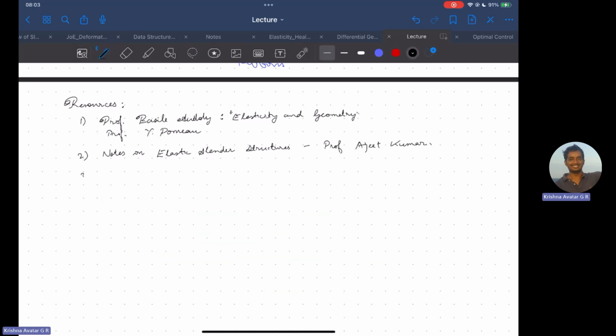One such resource is Mechanics of Strings and Rods.